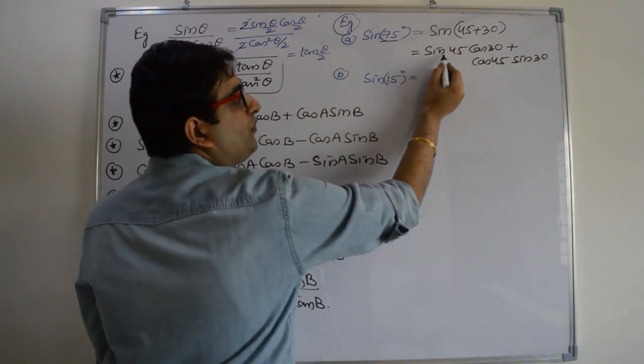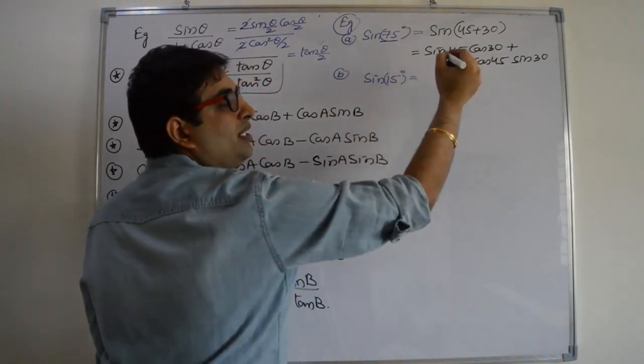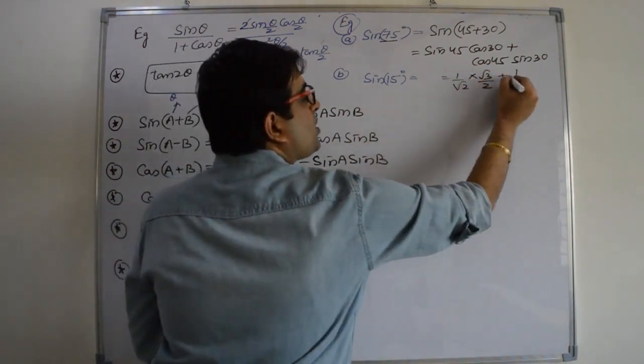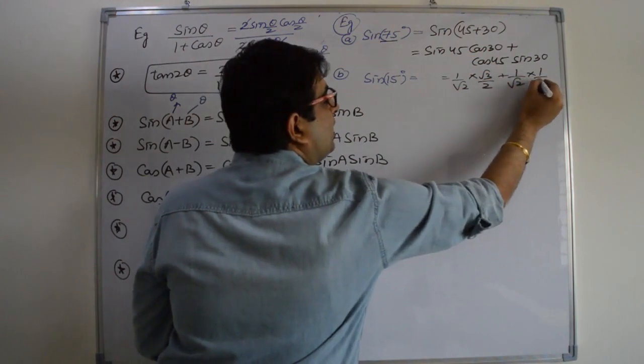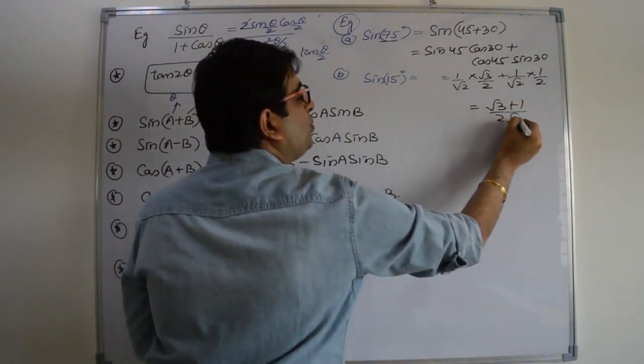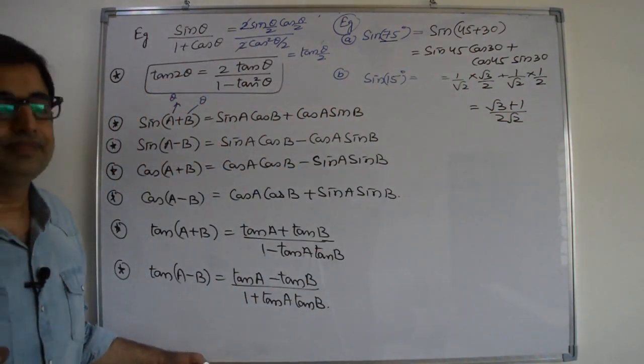Sin 45 is 1 by root 2, cos 30 is root 3 by 2, cos 45 is 1 by root 2, sin 30 is half. So you will get (root 3 plus 1) divided by 2 root 2 as the value of sin 75 degree.